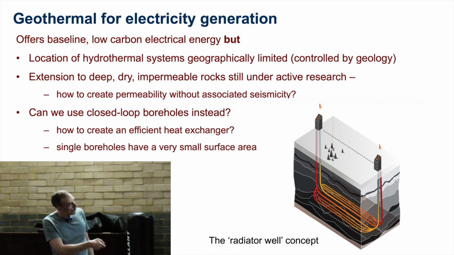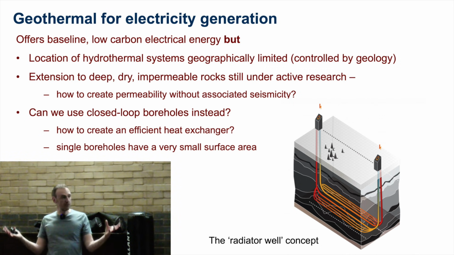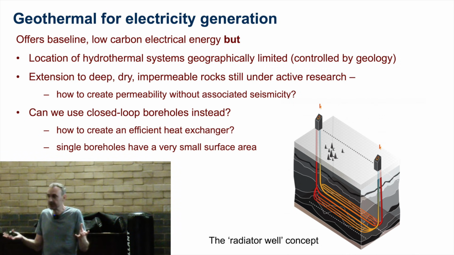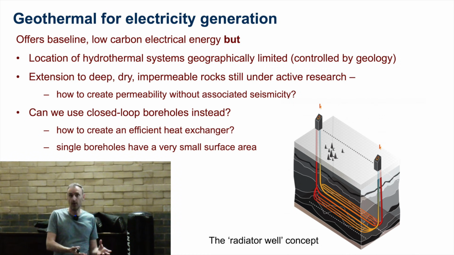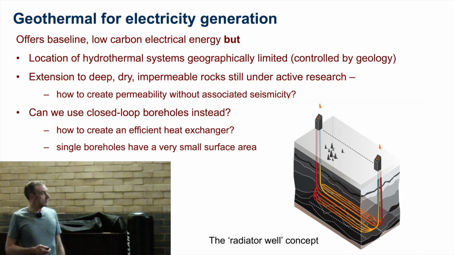Can we drill really smart wells where there are many, many laterals coming off a motherboard which are actually connected to form a closed loop, which could massively increase the area of heat exchange, like a radiator in your house, but without having to create fluid flow paths in the reservoir with the associated risk of seismicity?